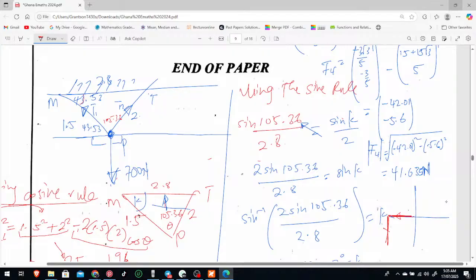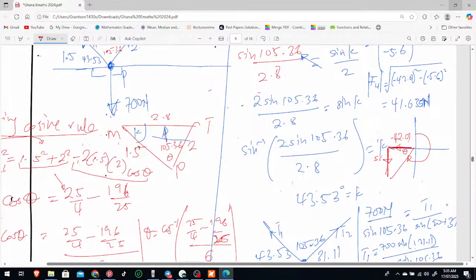Okay. Right, so this is the direction. But mind you, the bearing will be from the north to this line. So this is negative 42, but don't worry about the negative. It is just showing you the direction. And this is 5.6. So opposite tan theta equals opposite 5.6 over adjacent 42.01.